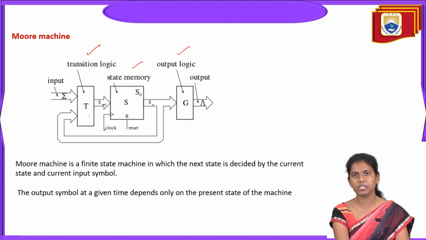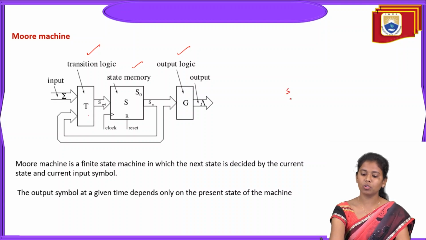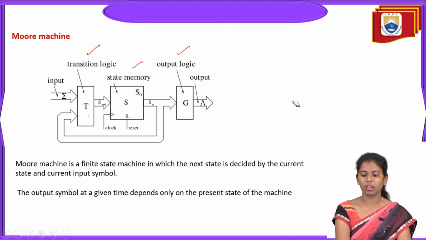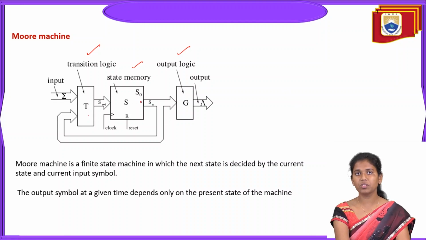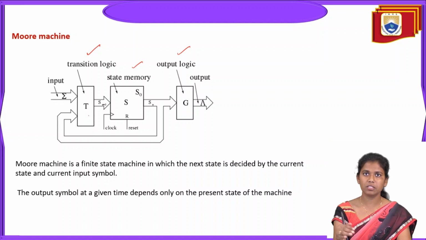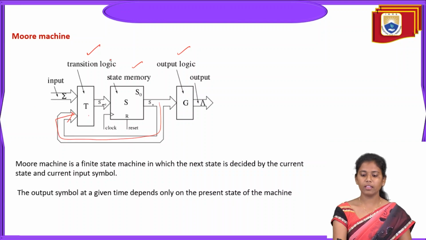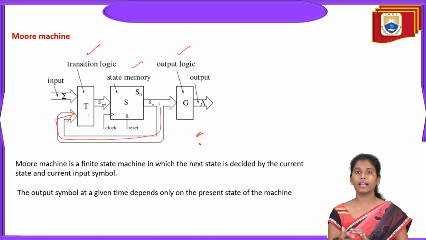A clock signal is present, and when the clock is present, we know that set and reset pins are available for each flip-flop. And based on the state, when the transition takes place, it again has to consider the input, so it has a feedback. As soon as it gives its transition, the state output feeds back to the transition logic. So this is what we can see in the diagram.